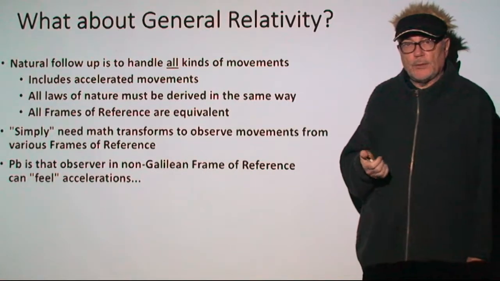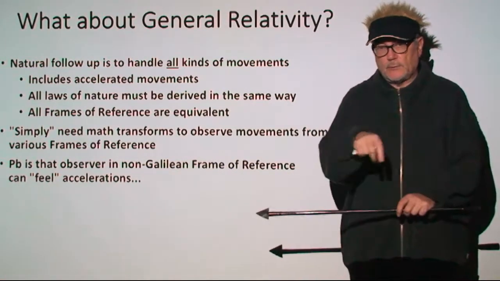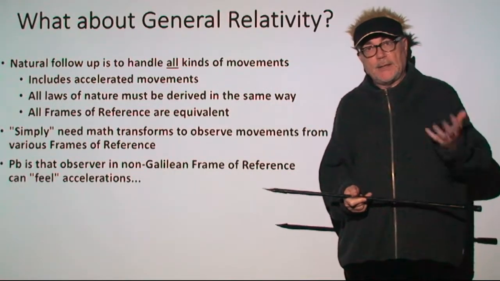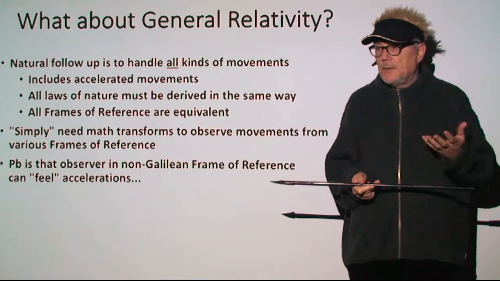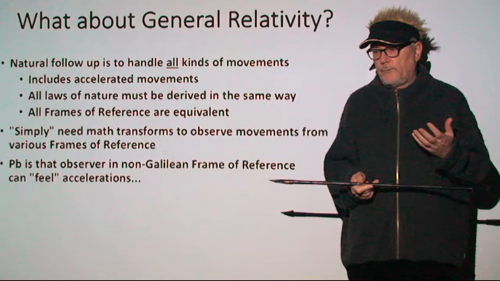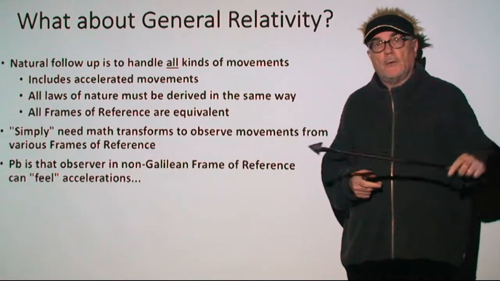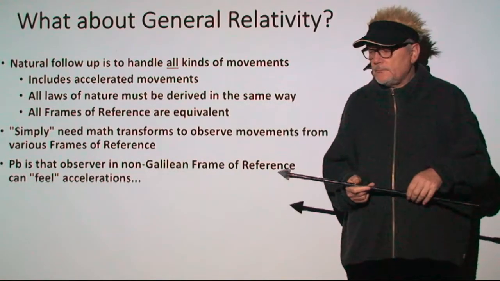Let me take an example. If you remember, the car moving relative to the ground: what we saw with special relativity and Galilean frames of reference is that from inside the car you could use any physical rule, and the same rules would be applicable from a frame of reference on the ground.